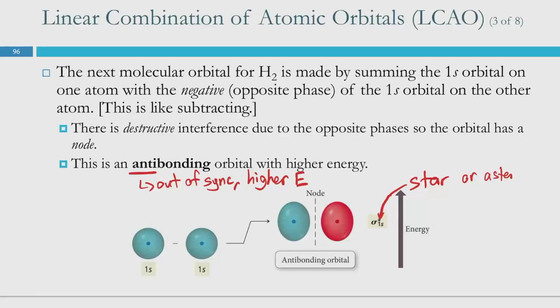The star, or asterisk, means that it's anti-bonding. So anytime we have an out of sync or anti-bonding arrangement, it's going to have the little star in the top right corner.